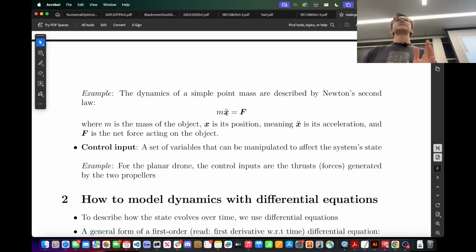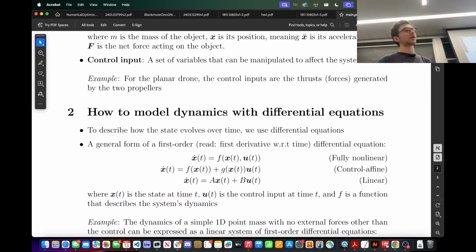So in the F equals ma example, you can imagine that your state, instead of being just position, is position and velocity. If I stack those into a vector quantity, position and velocity, then I can say the position time derivative is velocity, and the velocity time derivative is acceleration.